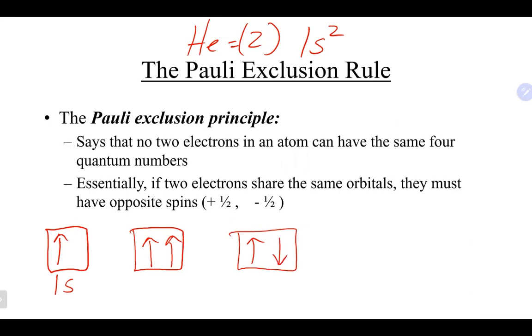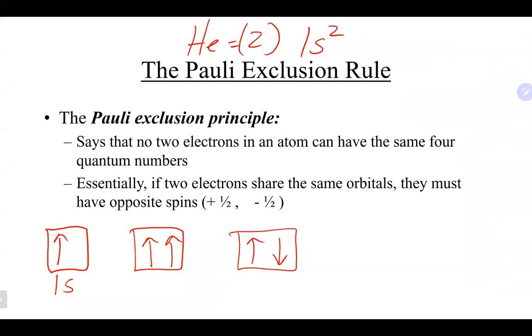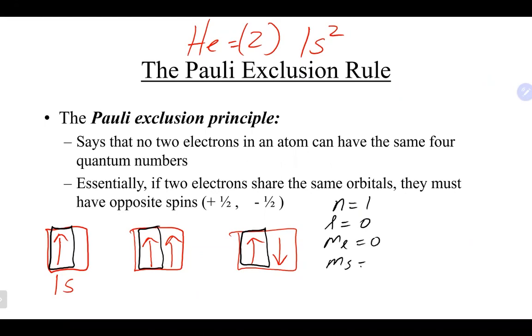So what makes it different here is this. If we were to do the 4 quantum numbers for this particular electron here, and also this electron, not that you need to know how to do this at this point, but let me just tell you what the 4 numbers would be. n would equal 1, l would equal 0, m sub l would equal 0, and m sub s would equal +1/2. These are the 4 quantum numbers for our electron pointing upwards.